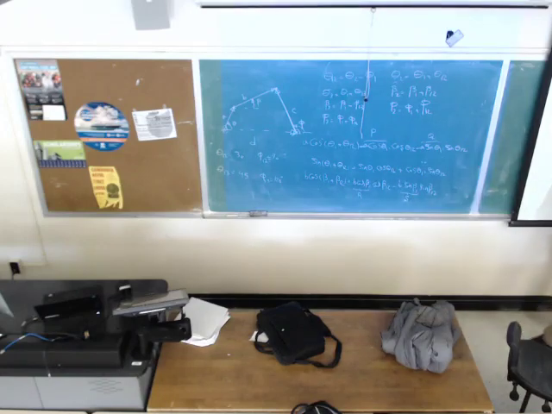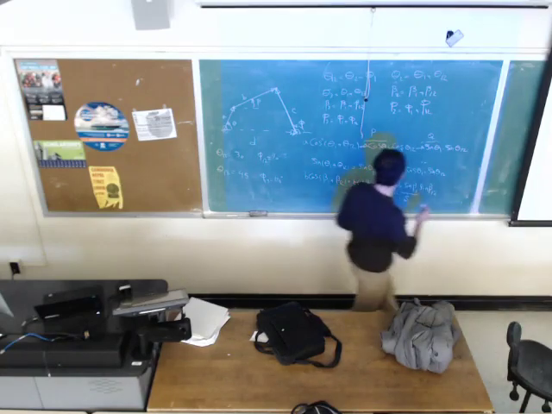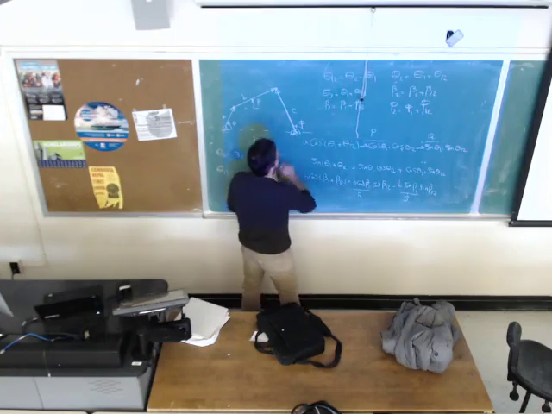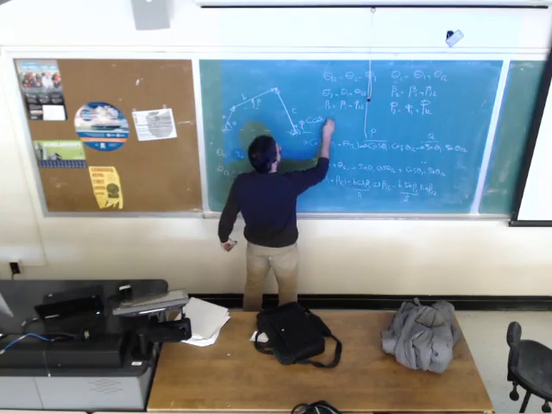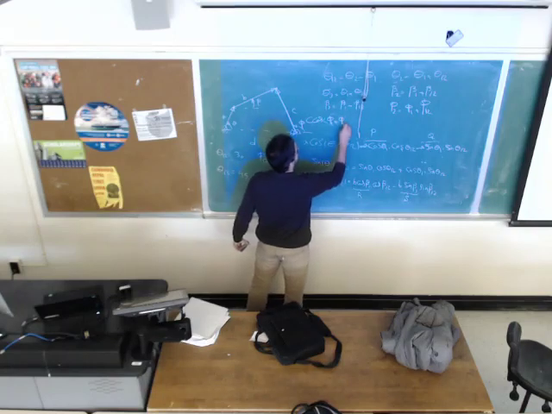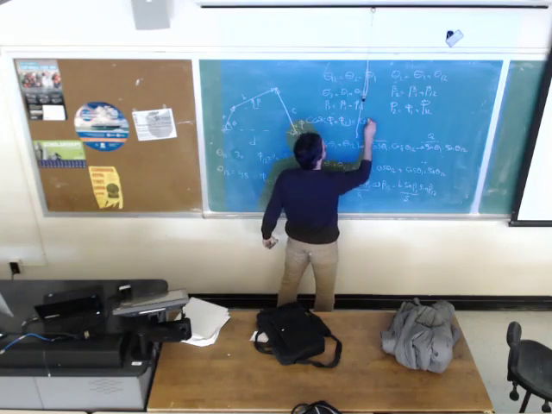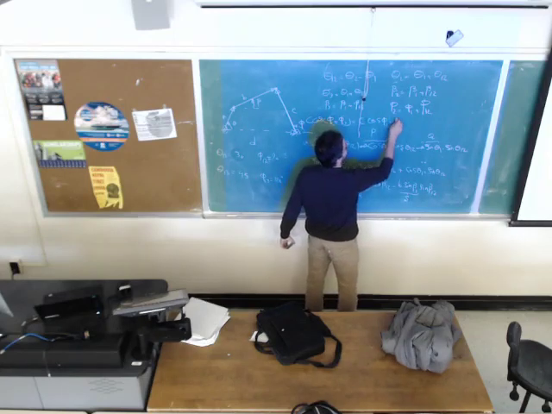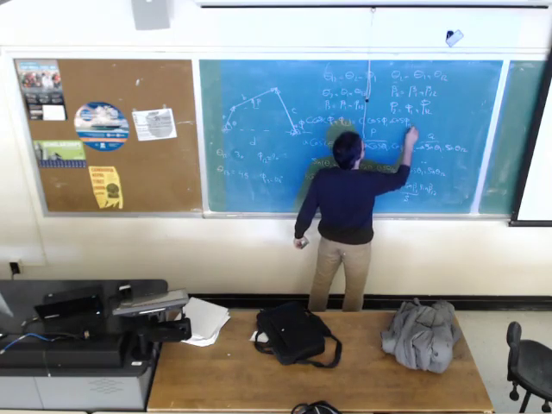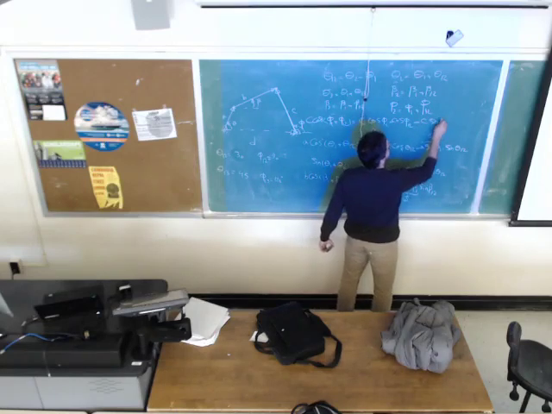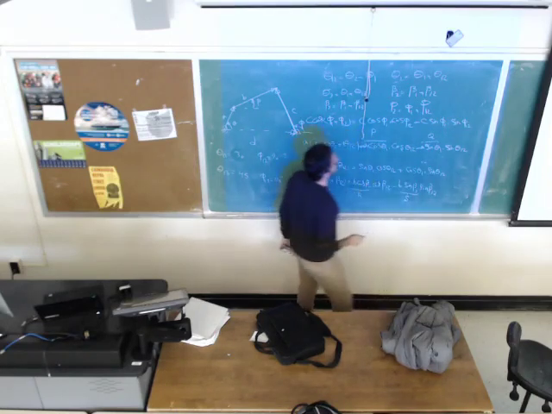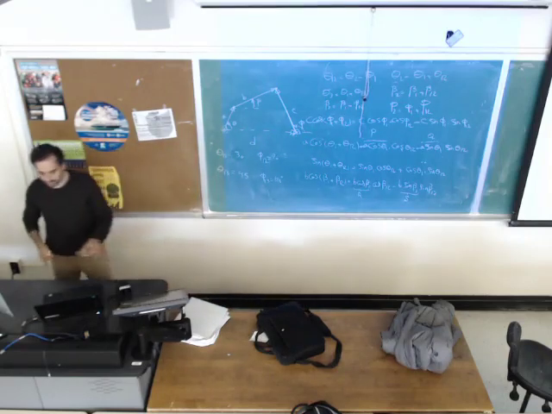The last term is C cosine of phi 1 plus phi 1, 2. C cosine of phi 1 cosine of phi 1, 2 minus C sine of phi 1 sine of phi 1, 2. I expanded that.